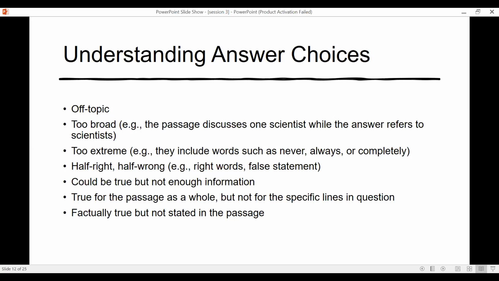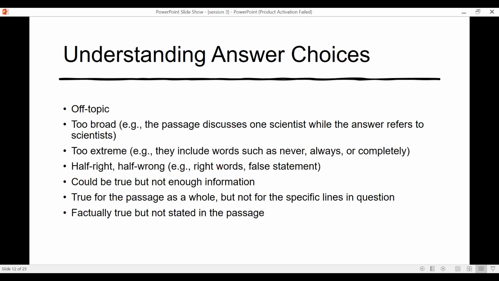So you will not likely find that the best answer choice will include a word like never, always, or completely, because such words leave no chance for other opinions, for others' opinions. So it's something that is very biased.